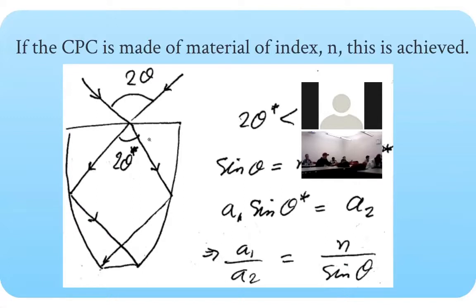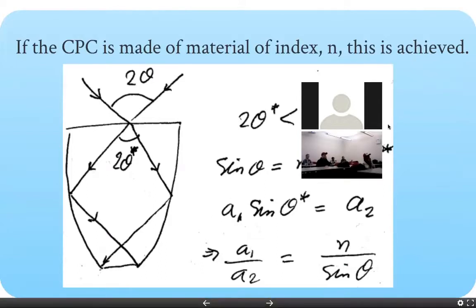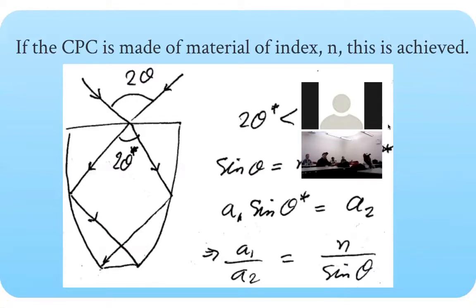This is what I said before, that the density of optical states has increased. And this simply comes also from Snell's law. All of the expressions are the same, which means that a1 sine theta star is now a2, which we derived before. Nothing has changed. All the geometry is exactly the same, which means that a1 over a2 is now n over sine theta. So it's a very, very simple derivation using simply Snell's law, not even thinking about thermodynamics.